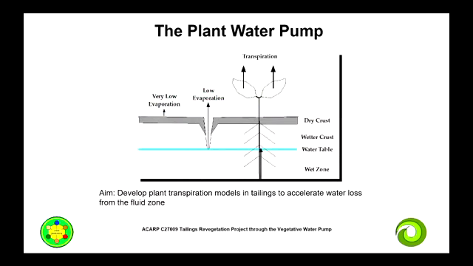How would this work? We're hoping that when we plant certain species of plants into the tailings dam, their roots will be able to access the water trapped underneath the crust, and that through transpiration of the plant, we'll be able to pump the water out from underneath these crusts.